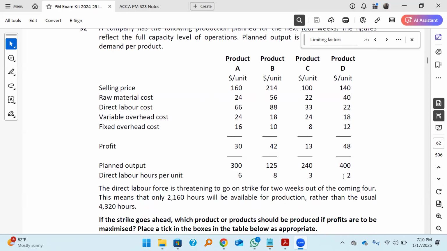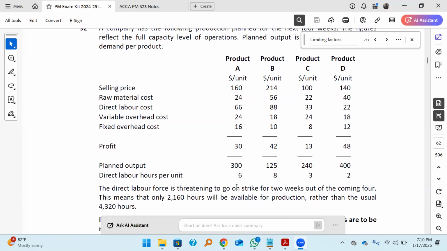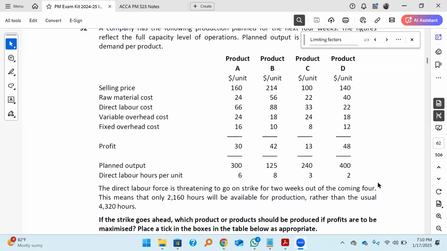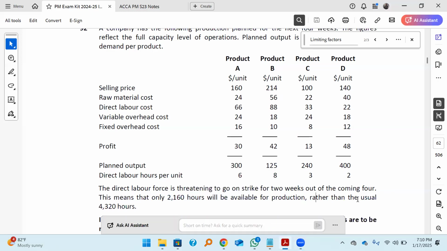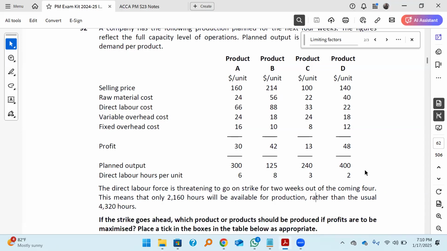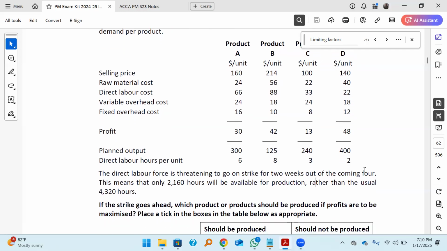Now, in this case, they are saying that the direct labor force is threatening to go on strike for 2 weeks out of the forthcoming year, which means that you only have 2160 hours available for production rather than the usual 4320 hours. So in this case, labor is going to be limited if they go on strike. So now they're saying if the strike continues, which product or products should the company actually produce to maximize profits?